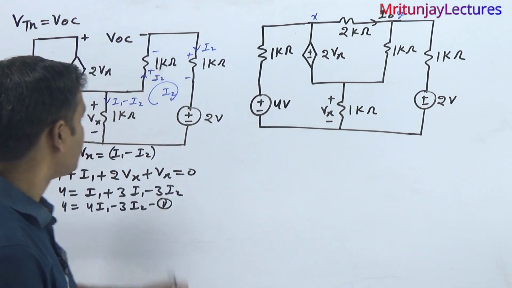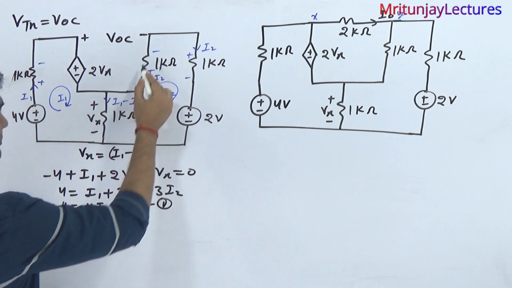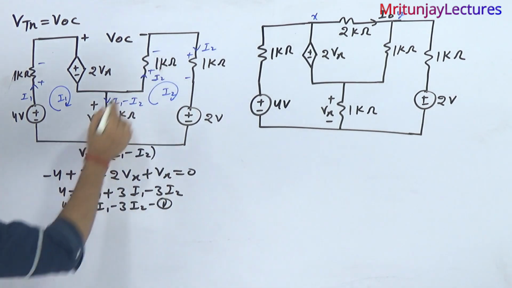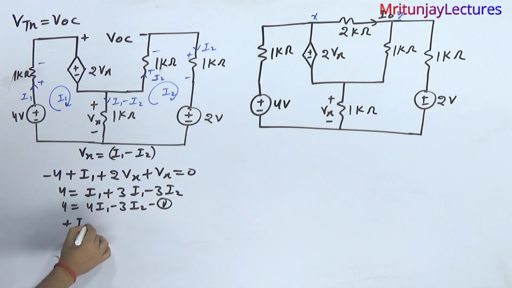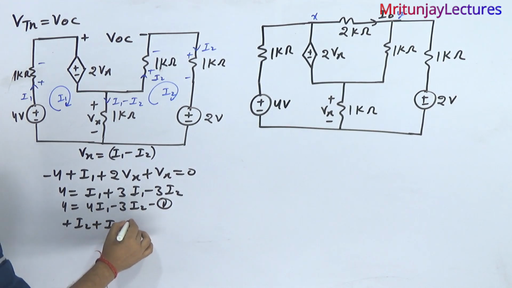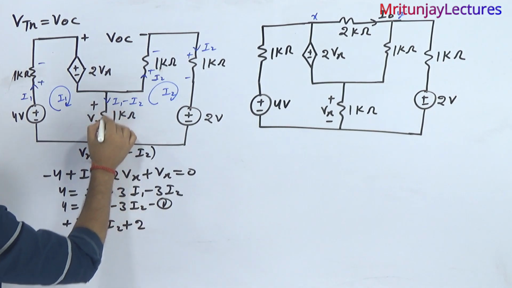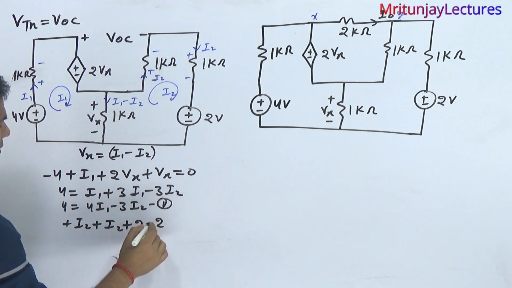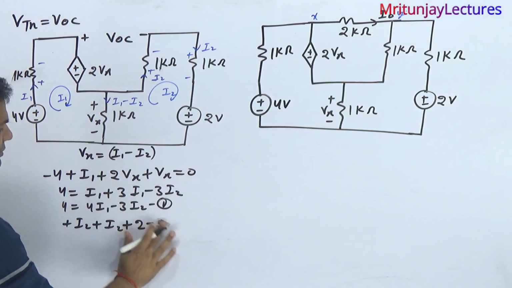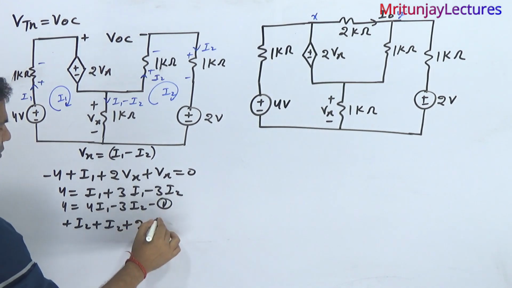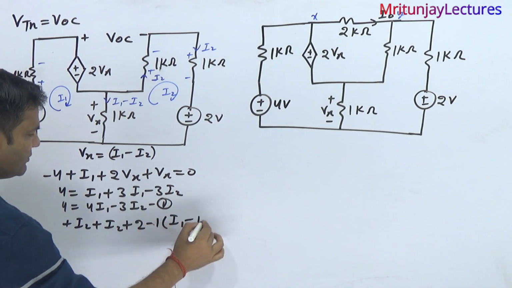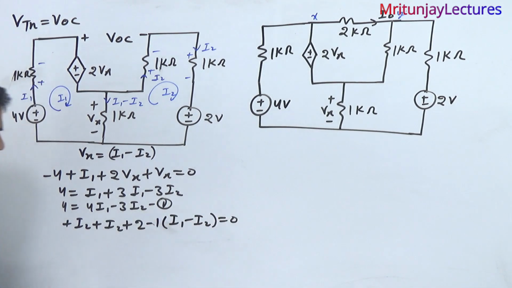Now the next target is to apply KVL in this loop. Plus to minus: plus I2 plus I2 plus 2 minus 1 into I1 minus I2 equals 0.